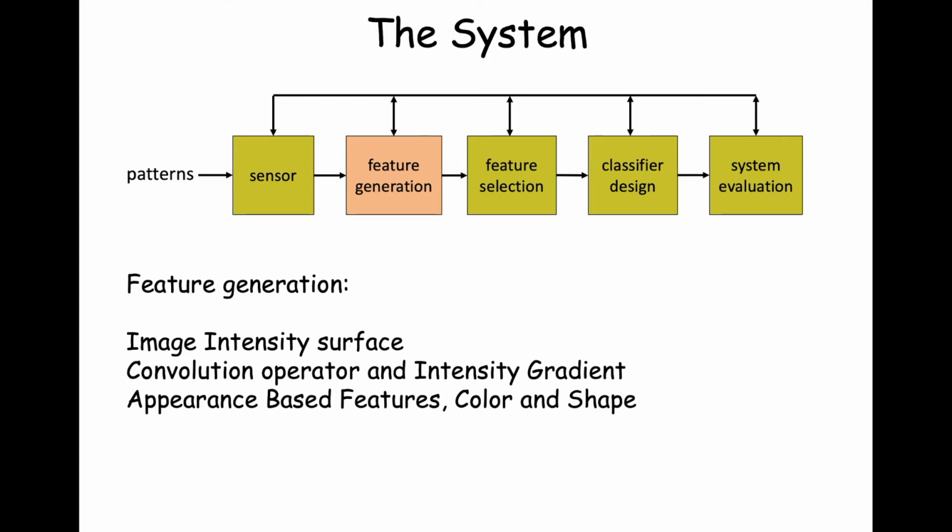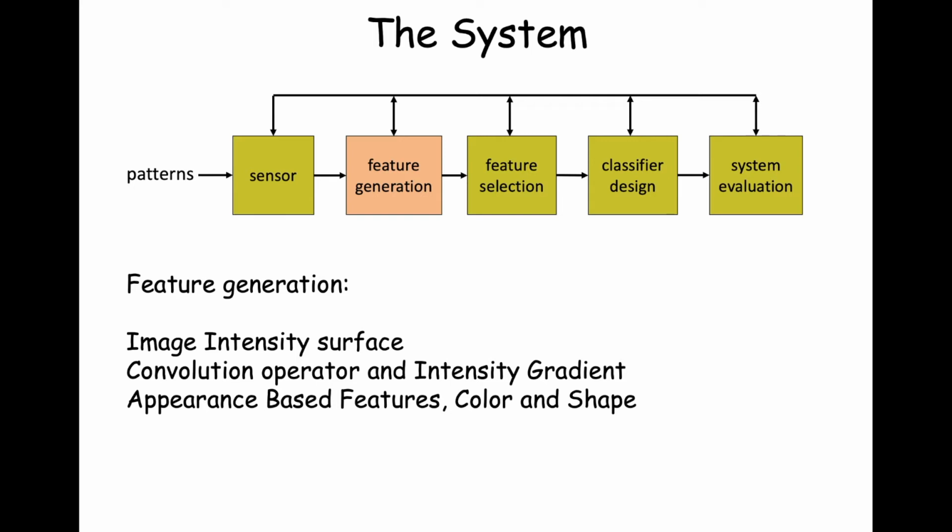And for this, we looked at image intensity surface as a representation of an image, be that in black and white or in color. And in color, we had 3 different color channels, each one of which implements an intensity surface. We talked about the convolution operator as a way of approximating the derivative that gives you the gradient for intensity.